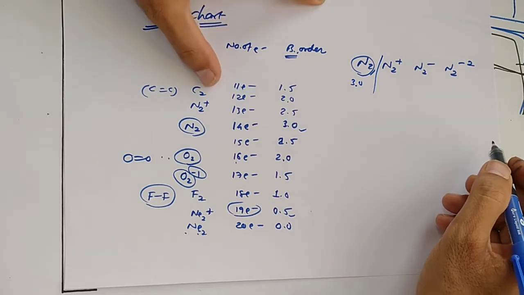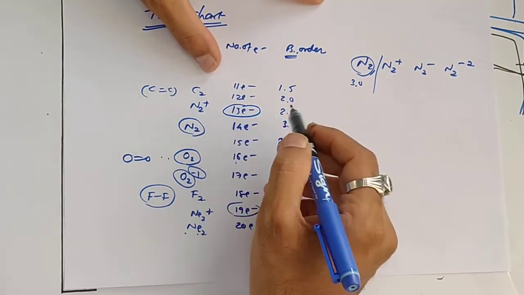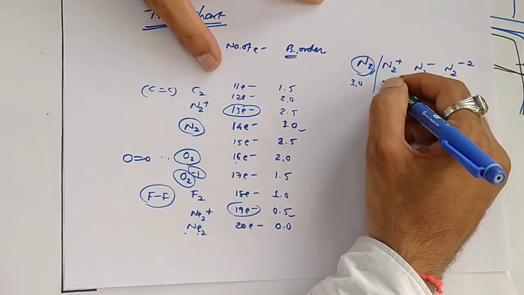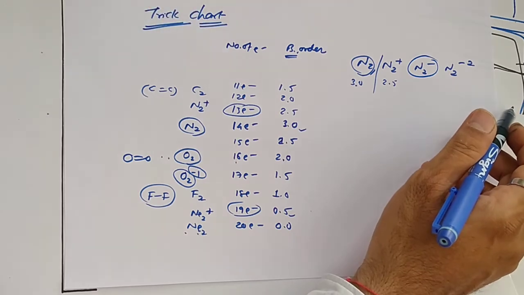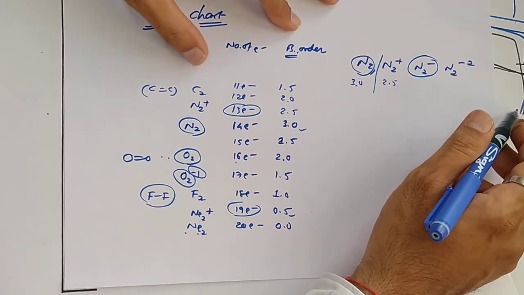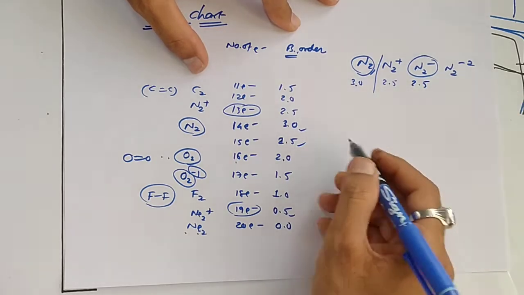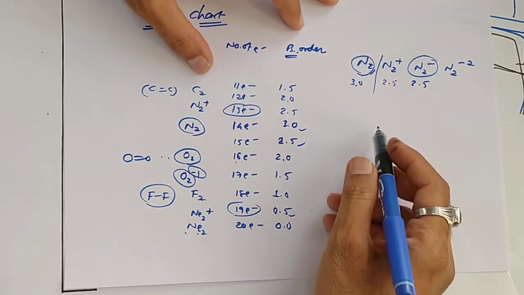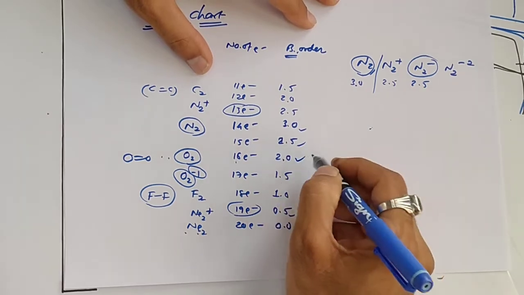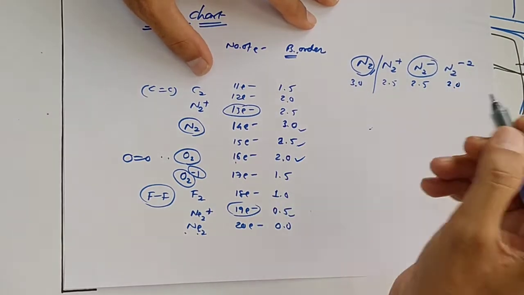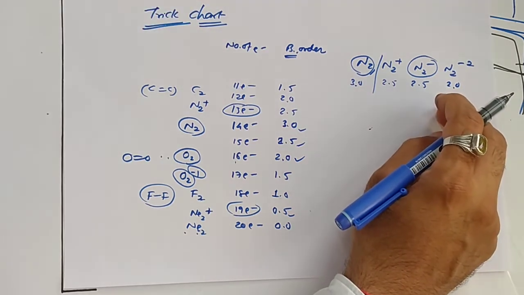In N2 plus, 7 plus 7, 14 minus 1, 1 will be cut, so 13, so 2.5. N2 minus means 7 plus 7, 14, 1 is gained, total 15 electrons, so here it will be 2.5. N2 minus 2: 7, 7, 14 and another 2, 16, so it will be 2.